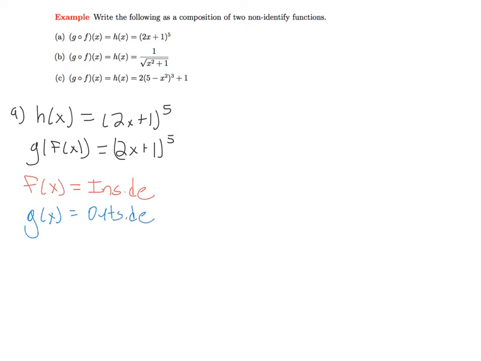And so we can look at the structure of this function, the expression for this function, and we can see one way to break this down, and there's not a single unique answer here. What this function seems to be doing is saying take 2x plus 1 and raise to the fifth power.